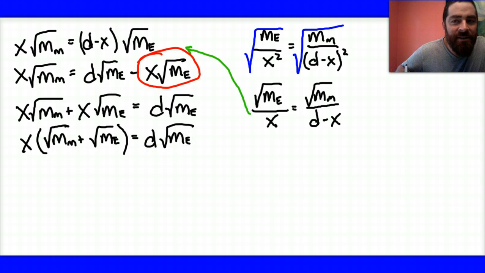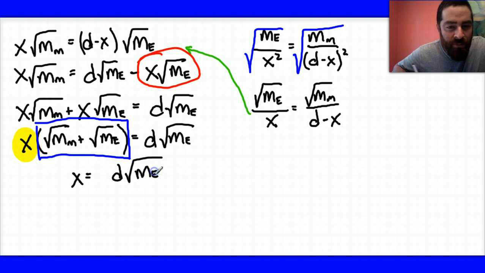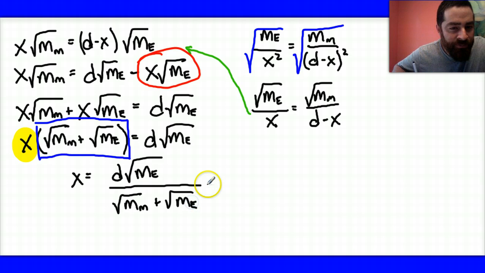Again, I'm trying to isolate x, so I'll divide both sides by the sum of the square root of the mass of the Moon and the root of the mass of the Earth. Finally I get x is equal to the distance d times root mass of the Earth, divided by the sum of the roots, mass of the Moon and mass of the Earth.